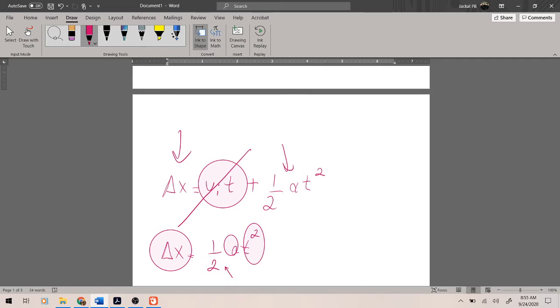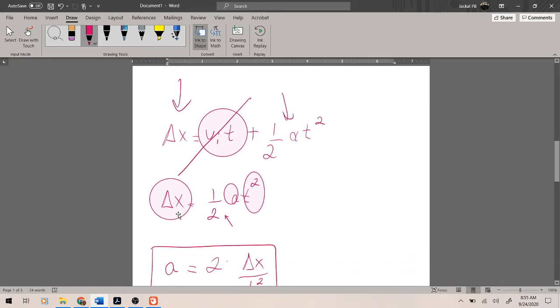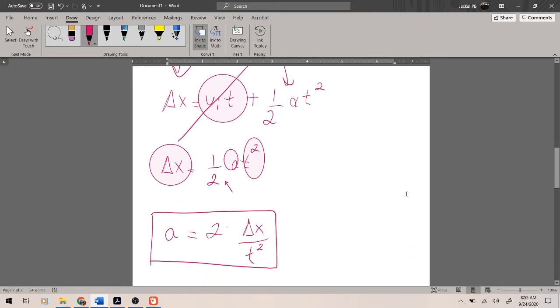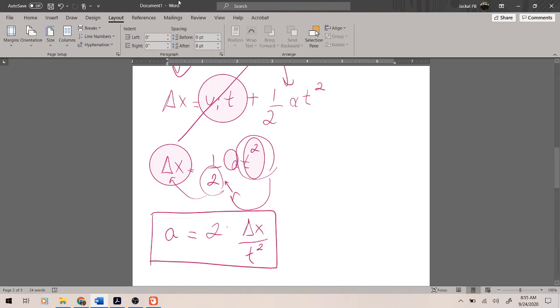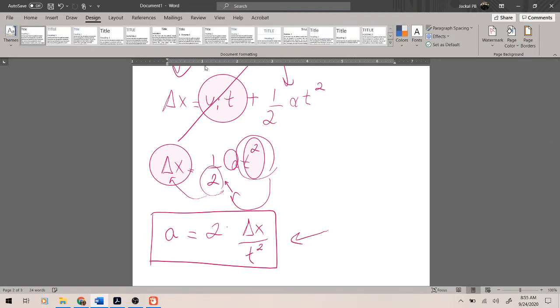All right. So then what will be the actual relationship between acceleration and position? If you play around with the equation, take this 2 to the other side, and then divide both sides by t squared, then you find this final nice equation.